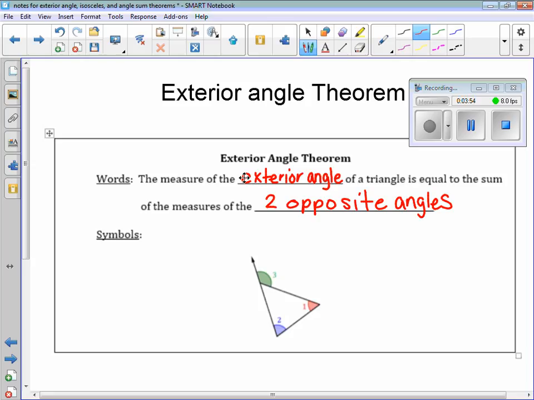So in this figure, we have the exterior angle, which is angle 3. Then we have angles 1 and 2. Well, angles 1 and 2 are opposite of angle 3.